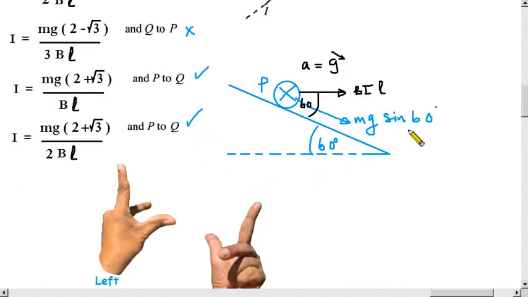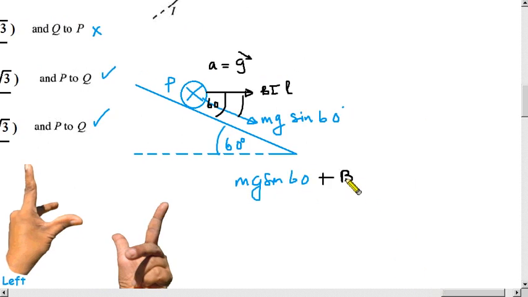Now already mg sin 60 is there, plus we have to get the component of this one, BIL cos 60, is equal to F equals ma. So m times a is g, they have given it.